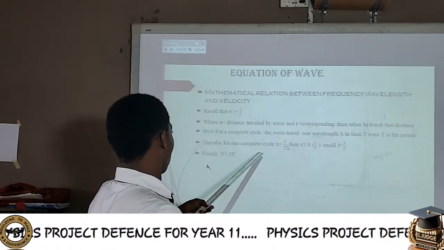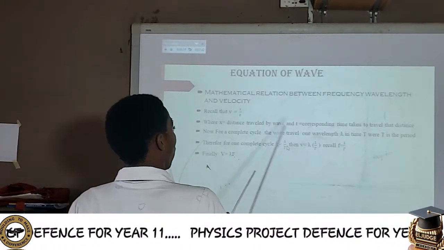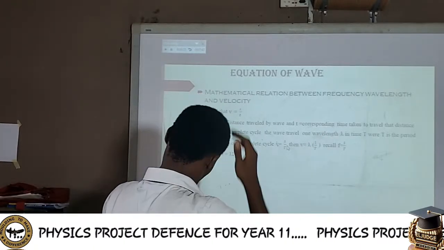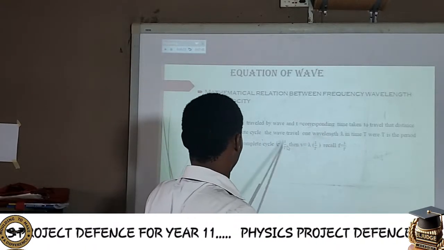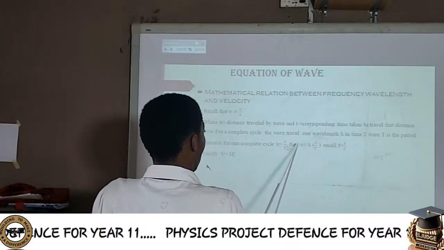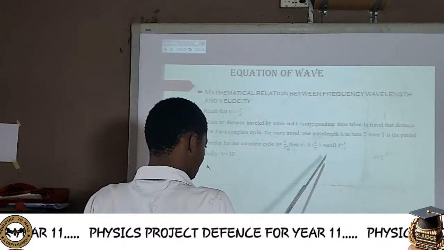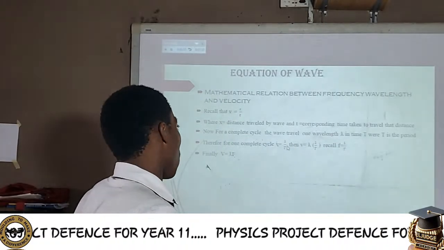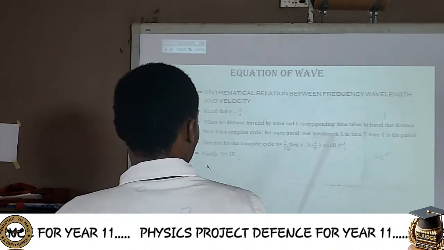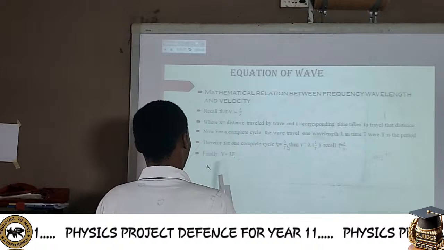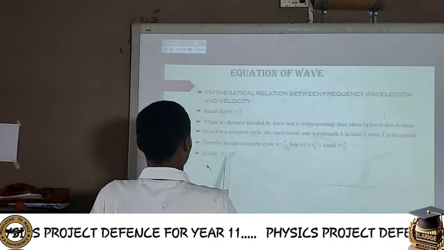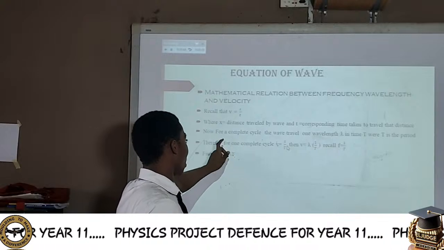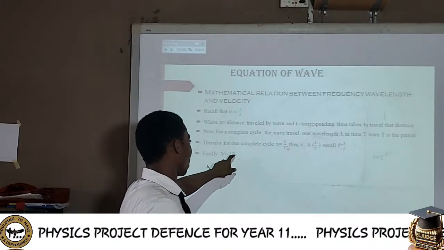Now, for a complete cycle, the wave travels one wavelength, lambda, in time T. Therefore v equals lambda over T. Then 1 over T is the frequency, f. Then you do change of subject and find v equals lambda f. With this formula, you can find wavelength by making lambda the subject of the formula. You can find frequency by making f the subject of the formula also.